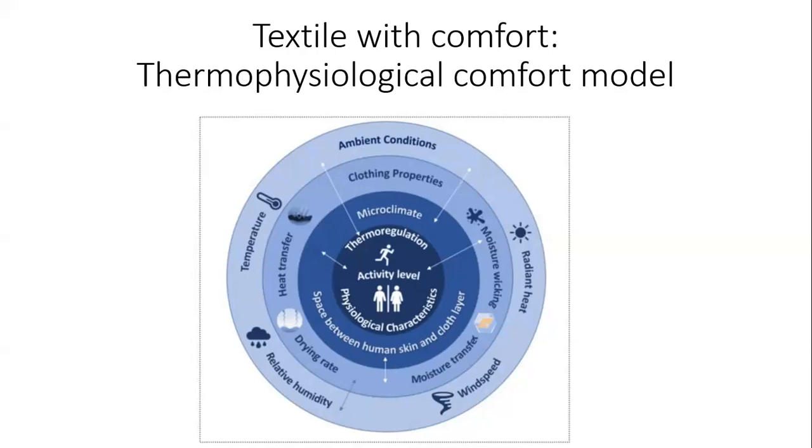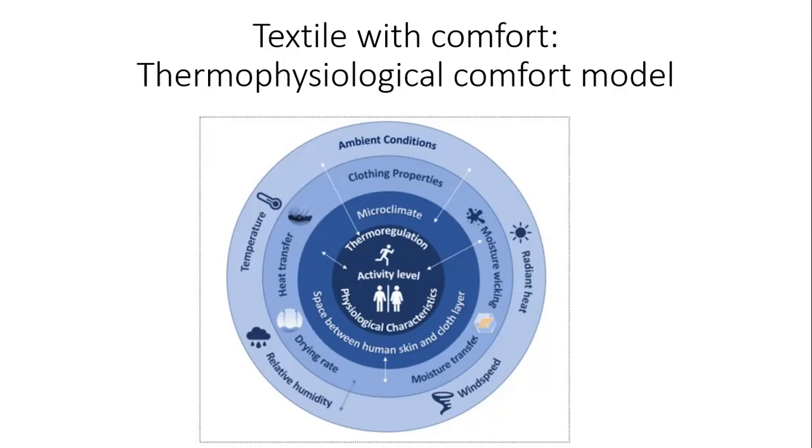You can develop a computational model which basically looks at your body activity level and the comfort level that you need, and then it will decide the level of fabric that you need to develop. It will look not only at your body activity level, but also at the ambient condition. It is because your activity level, ambient condition, as well as the microclimate and the clothing properties are interrelated.